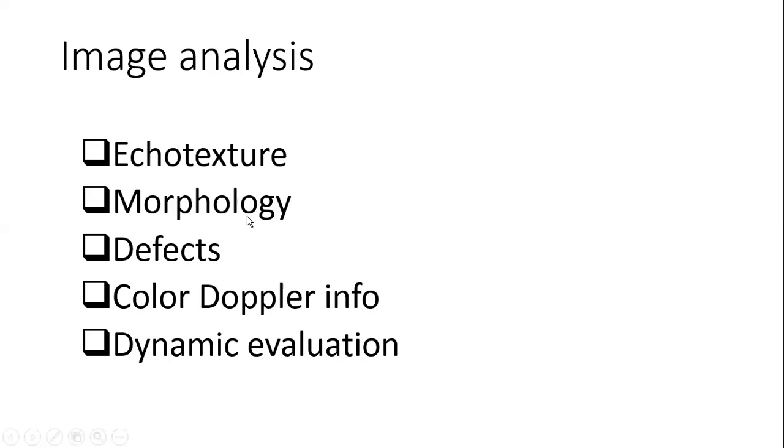You talk about the structure in terms of the echo signal, how that structure appears, its morphology, if there are any defects in that structure, and what kind of physiological information you get from color Doppler, right?